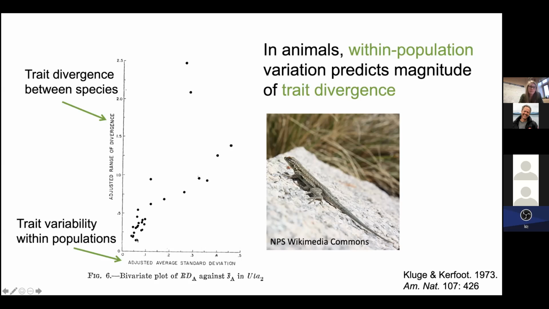So here we've got each point representing a trait. The X value is how variable is that trait within populations on average across a clade.